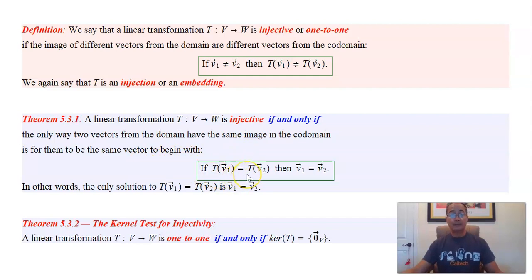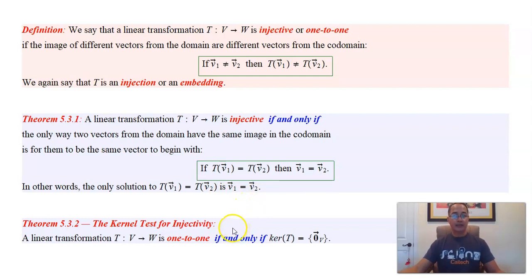If T of V1 were the same as T of V2, then V1 had to be the same as V2. So the only solution to the equation T of V1 equals T of V2 is for V1 to be equal to V2. There is no other solution.